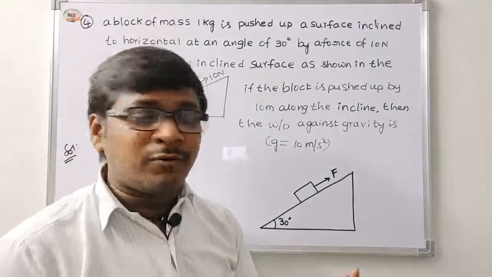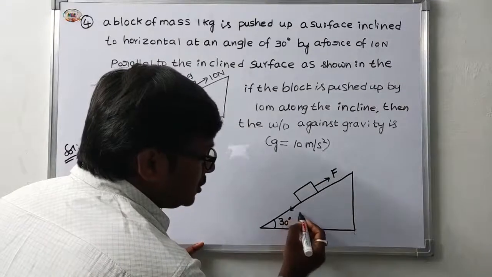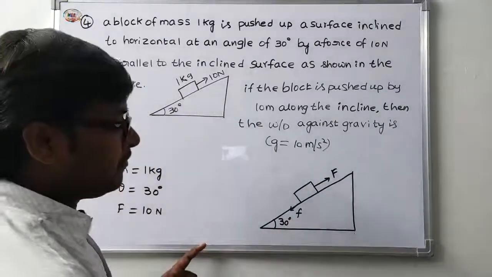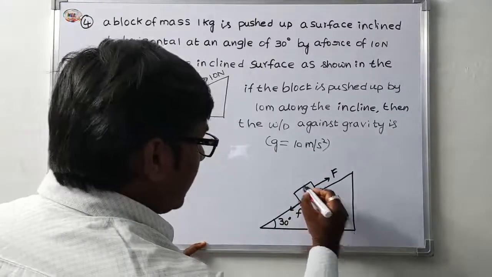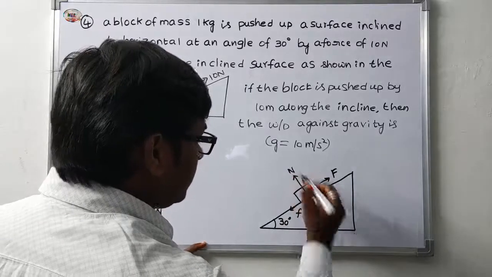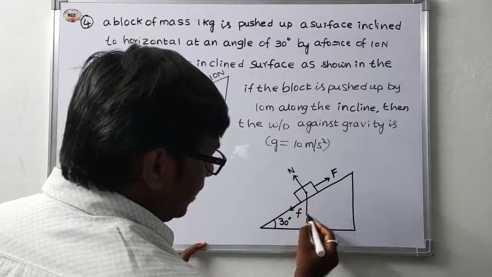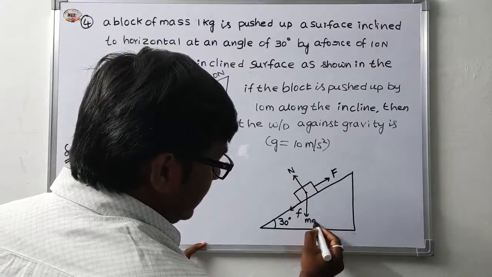What type of force? Frictional force, that is opposite to relative motion of the body. Normal force is acting in upward direction on this block. The weight, gravitational force, is acting in downward direction, that is mg.